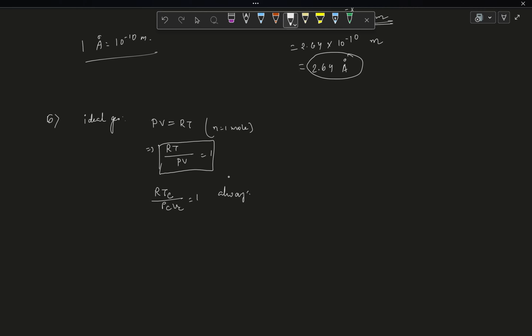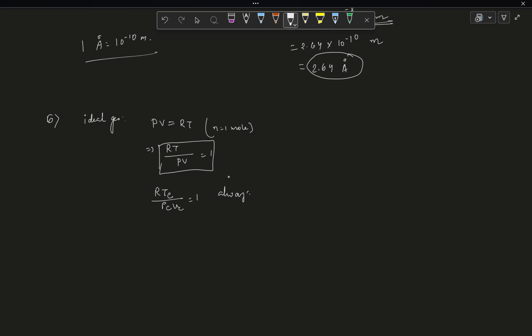Now this idea of critical constants of temperature, pressure and volume is mainly important for real gases, because there you have a value of RTc by PcVc which deviates from 1, and from that you can get how much the gas deviates from ideal gas behavior.